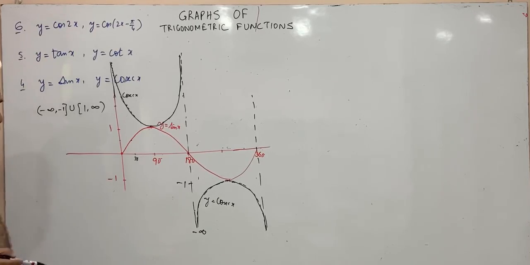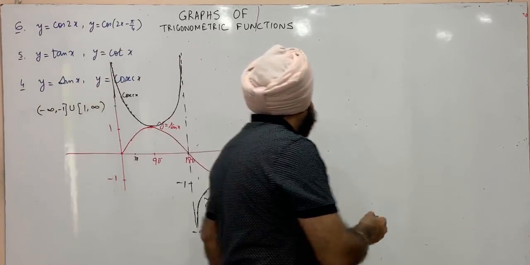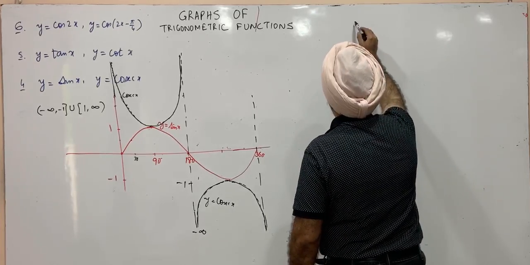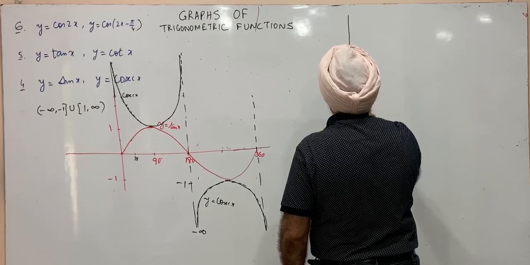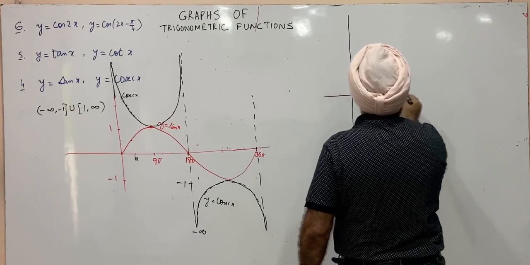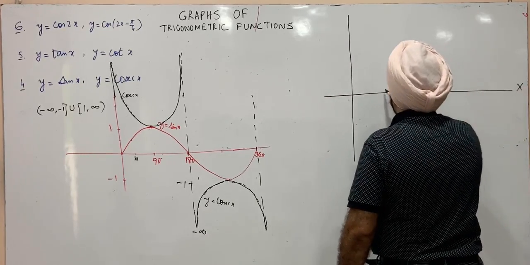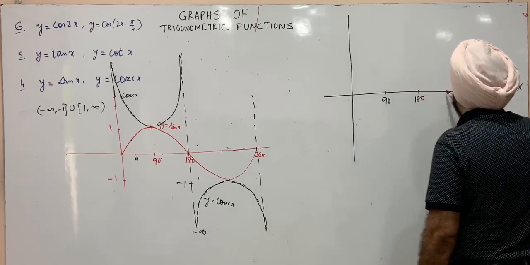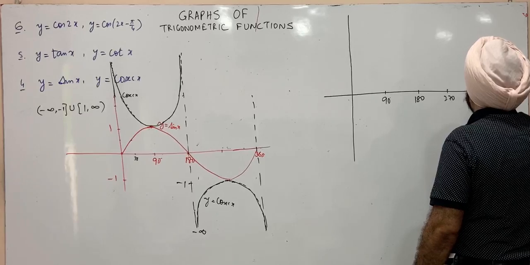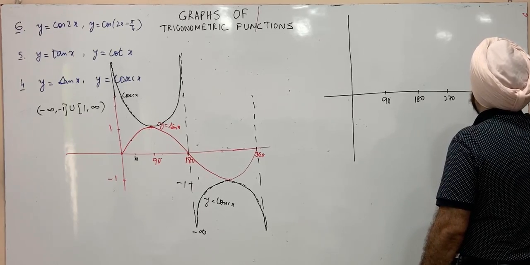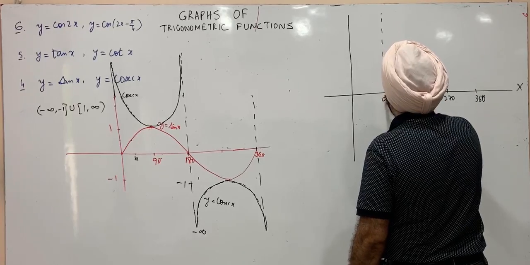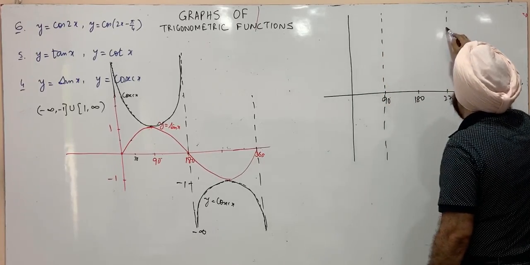Okay, the next one, tan x and cot x. Again, a very similar concept. Let's plot the graph of tan x first. This is the y axis, this is the x axis, 90 degrees, 180, then 270, this is 360. Tan 90 is infinity, so we draw this line. Tan 270.